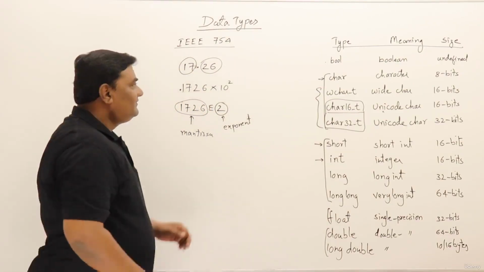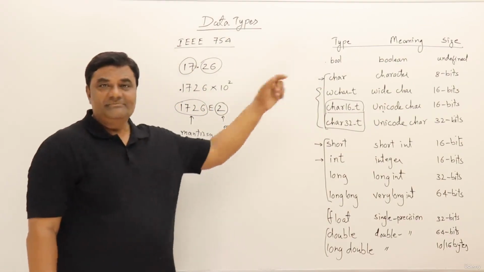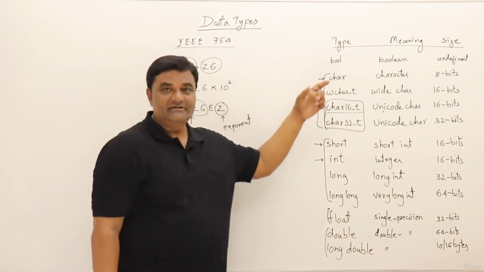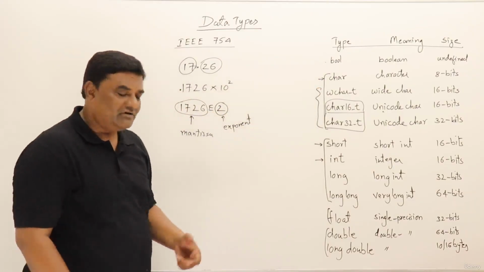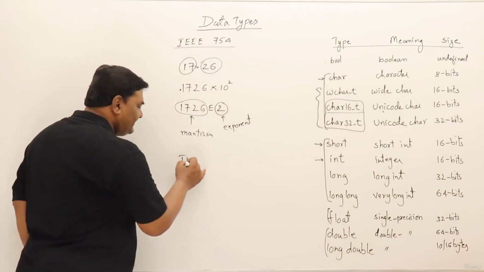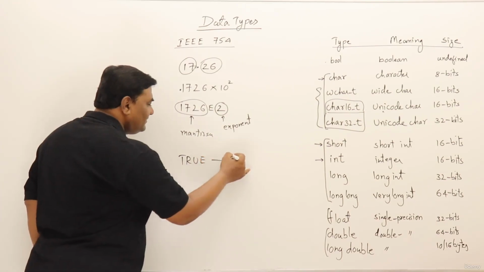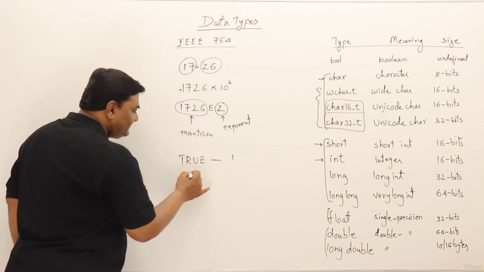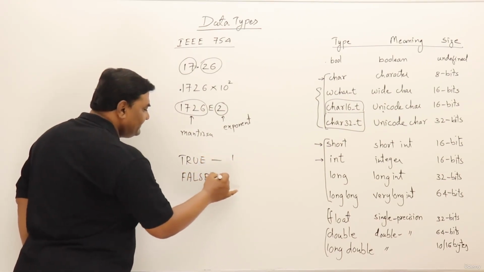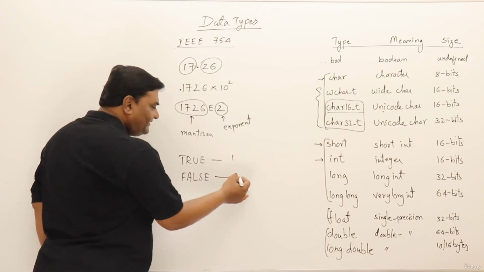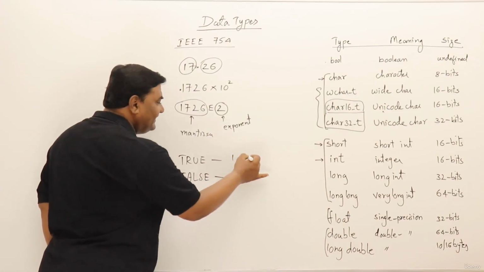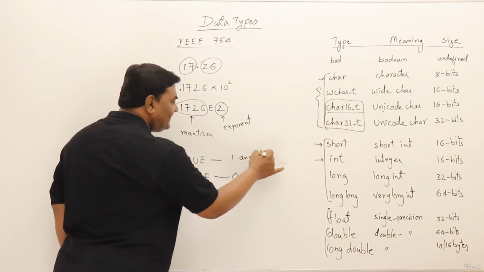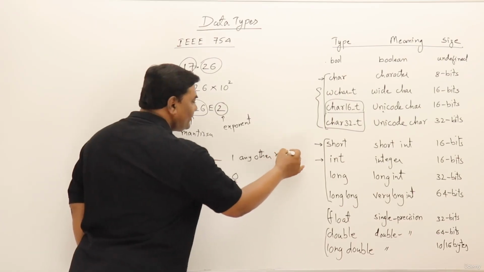Now the next data type is bool. Bool is for boolean. Boolean values are either true or false. True is taken as 1 and false is taken as 0. Basically false means 0 and any other number is taken as true.